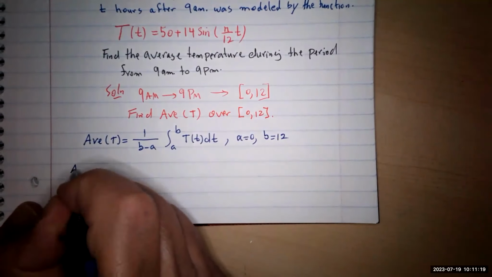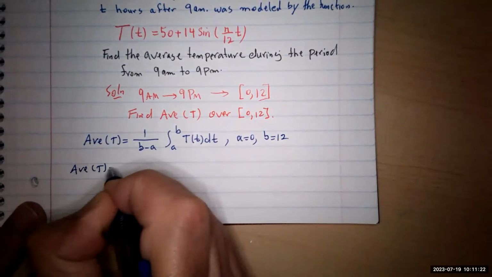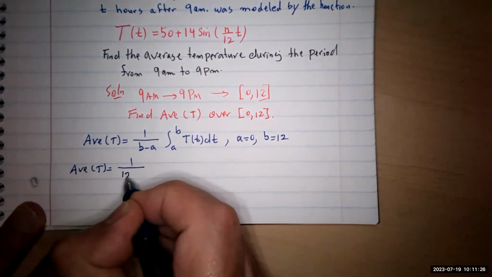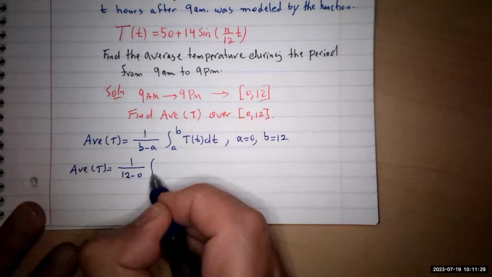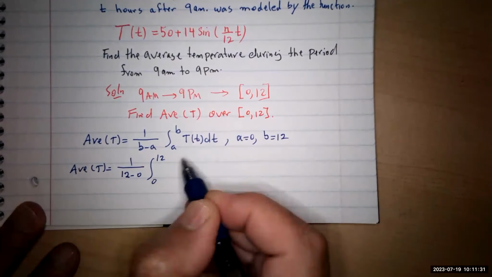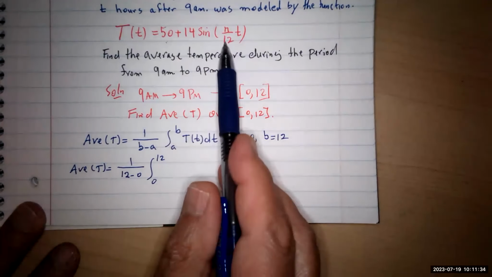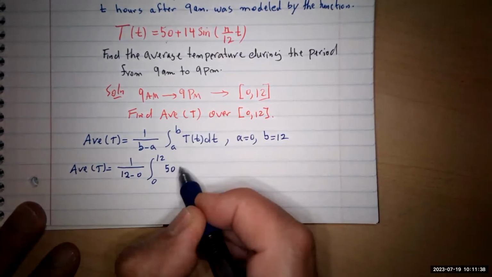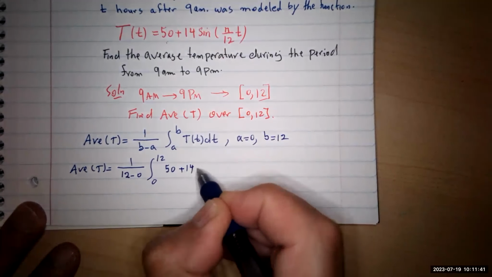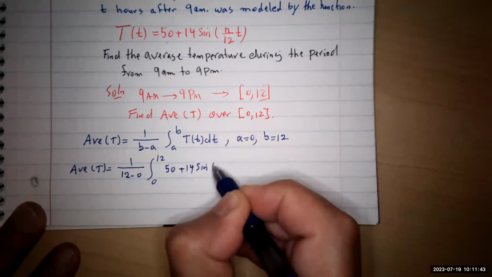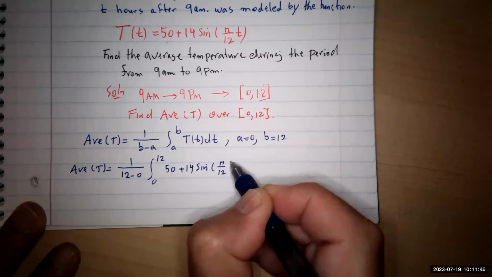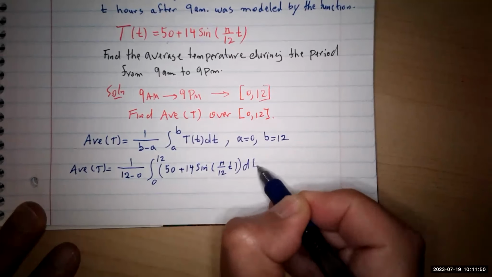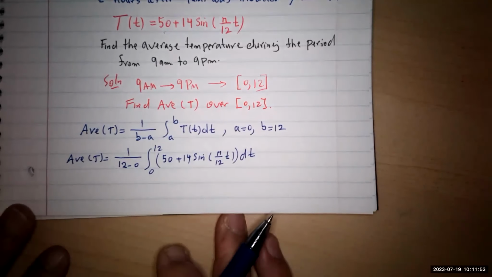So the average value of the temperature is 1 over 12 minus 0, integral from 0 to 12, of the function 50 plus 14 sine of pi over 12 t, then everything dt. You see, this is going to be the integral you have to find.